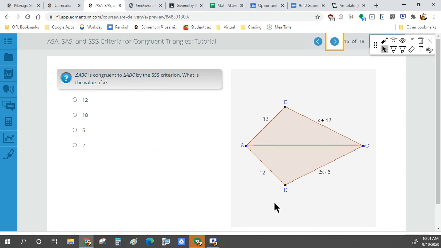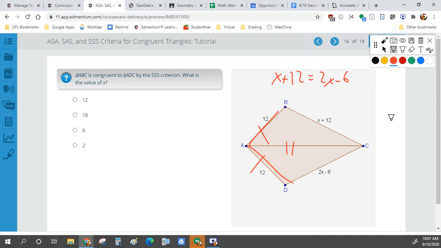So this is saying, what does X have to be for this to be congruent? Well, I know that these are congruent to each other. I know that these have to be congruent to each other, obviously, because they're the same line. So that means X plus 12 equals 2X minus 6. We're going to have to use some algebra here, guys.